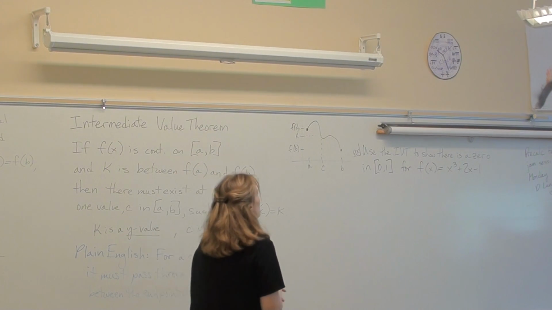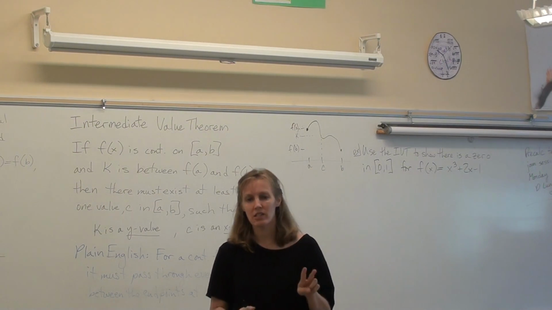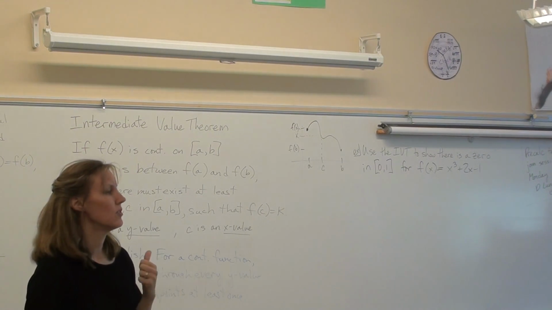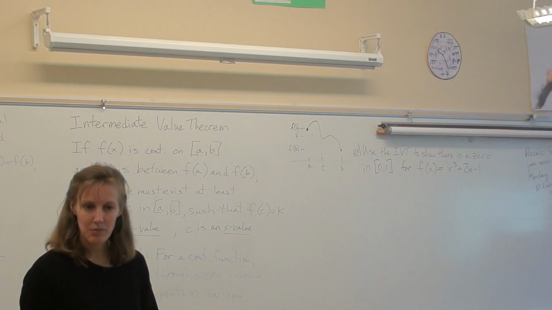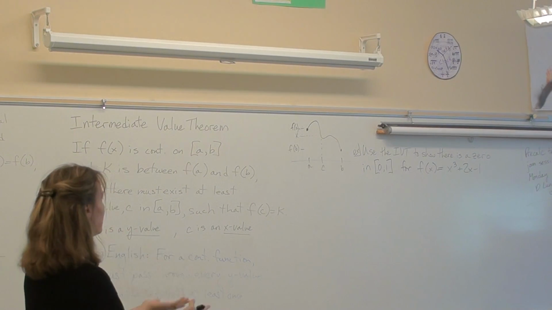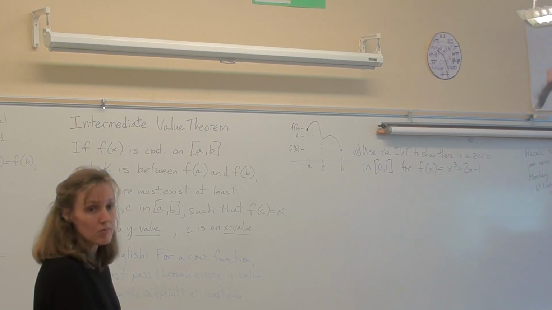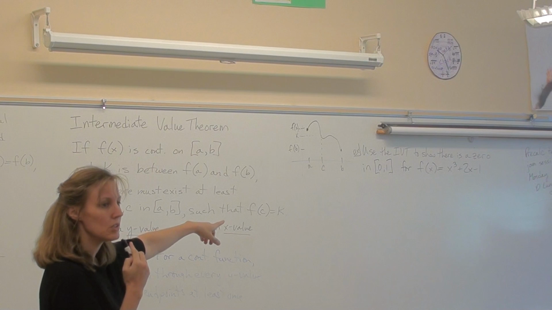All right. So in order to use the IVT, the first thing we have to do is check to see if our two conditions are met. What is the first requirement for us to be able to use the IVT? F of x has to be continuous. Is f of x continuous? Can you guys look at that function and determine if it's continuous?